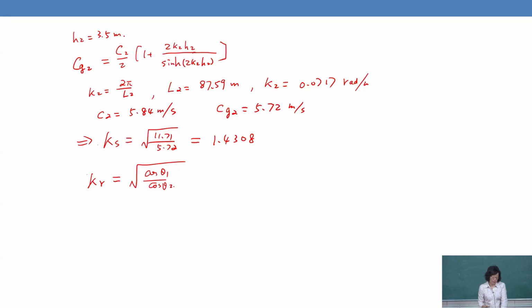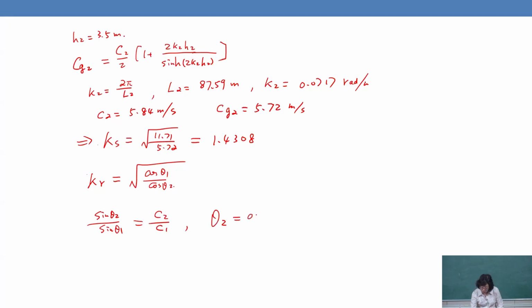But what are theta 1 and theta 2? We are able to use the previous equation. Theta 2, using sine theta 2 over sine theta 1, which equals C2 over C1. Now we have C2 and C1, so we are able to have our theta 2 because we know theta 1.